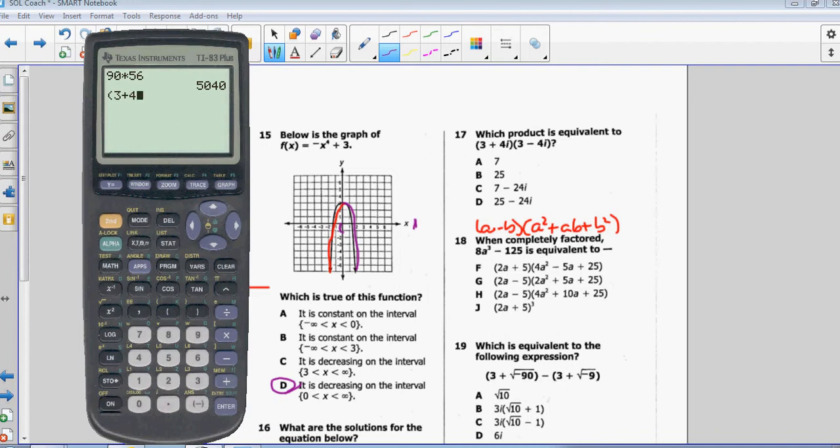To get the i, that is above the decimal, so it's second period, and that's my i. And then 3 minus 4i, second decimal, close parentheses. My answer is 25. And that's not bad. So you circle B.